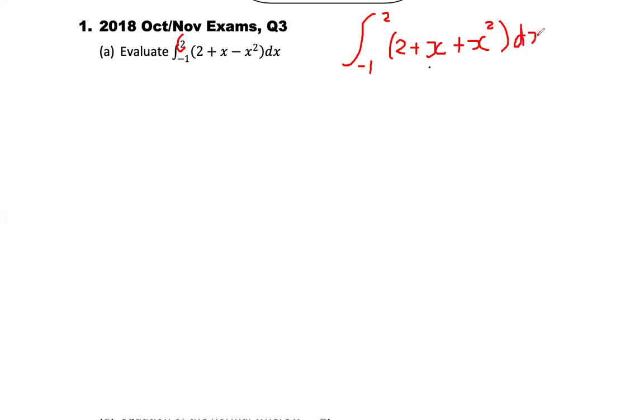Most of the times I start with indices, because indices are actually a very good introductory topic for the topic of integration, or for the topic of calculus.